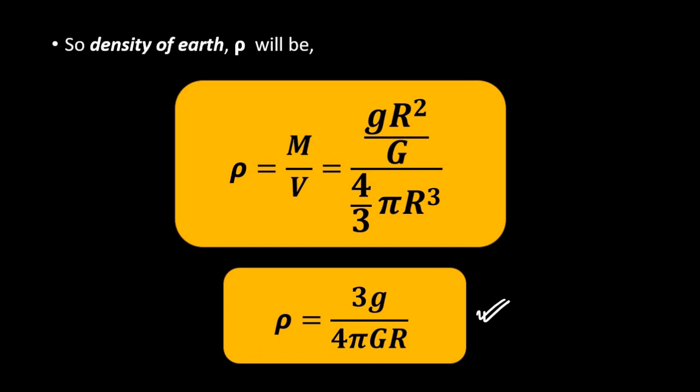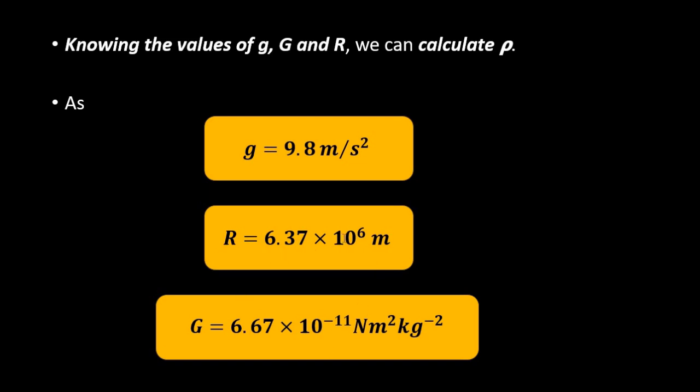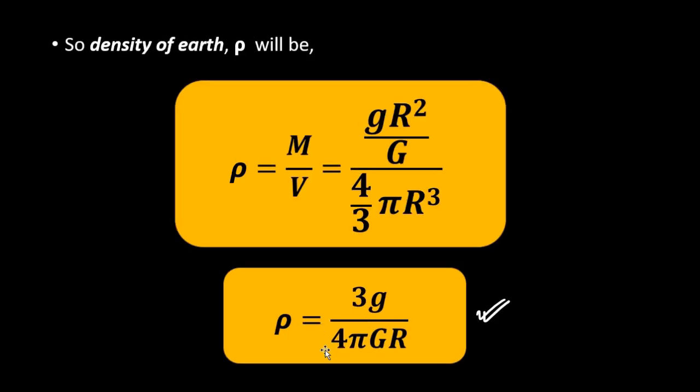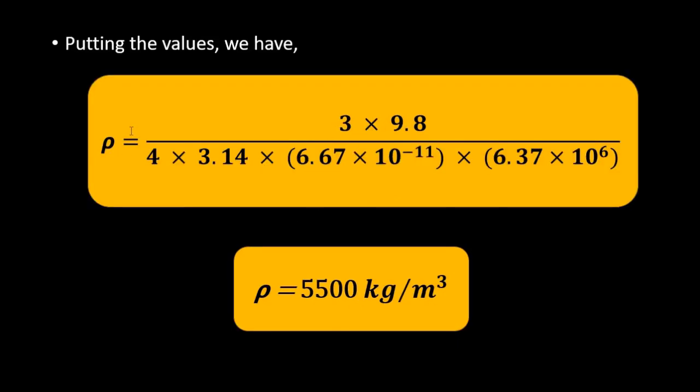We know all these values, small g, capital G and R. So when we put these values in this mathematical expression, we get the approximate value of average density of Earth.